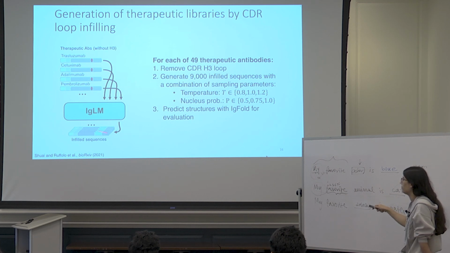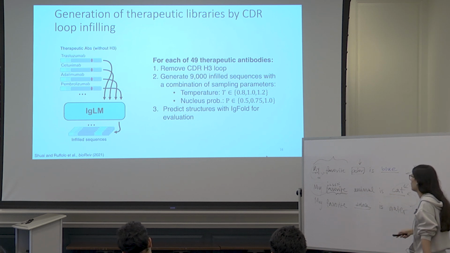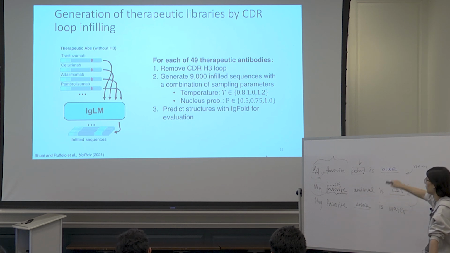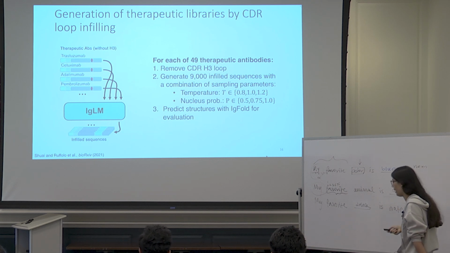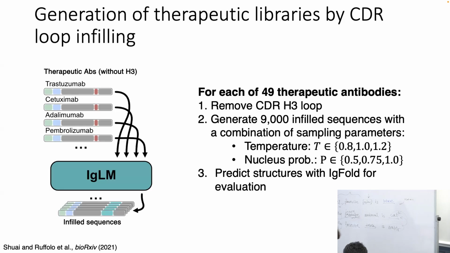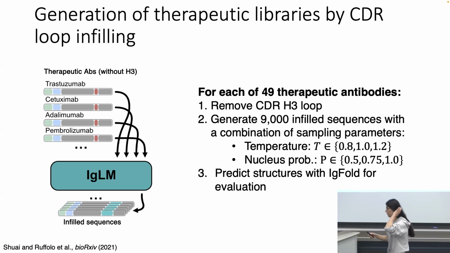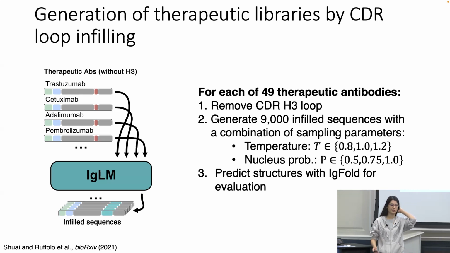So IgLM will design sequences for the missing H3 loop based on this sampling strategy, and then using a different model, which you can think of as similar to AlphaFold but developed for antibody structure prediction, given these new sequences filled in by IgLM, can you predict structures that look like antibodies?